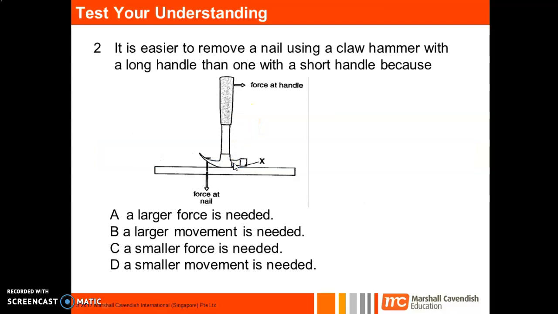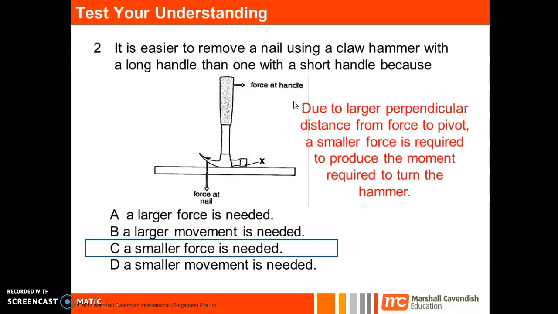Question 2. It is easier to remove a nail using a claw hammer with a longer handle than the one with a short handle. X is actually where the pivot is. Think about the door example I mentioned just now. If I'm further away from the pivot, I'll need a smaller force. So if it has a longer handle, I will need a smaller force.